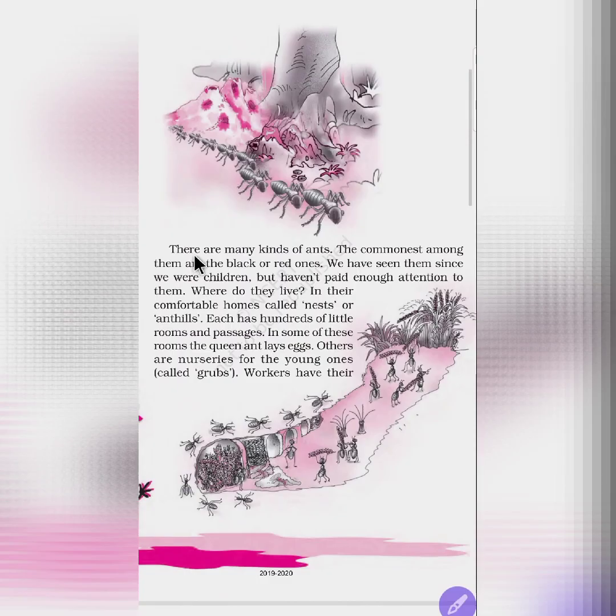In this paragraph, we will get some more information about the ants, that they have some common colors like black and red. We have seen them since our childhood, but we haven't paid enough attention towards them. Now the question arises, where do they live?